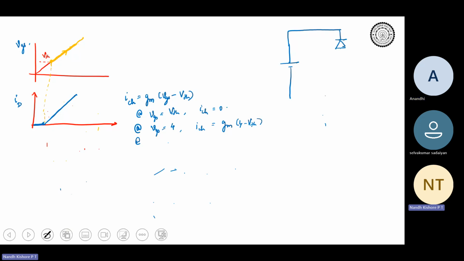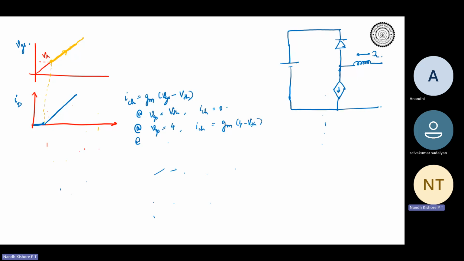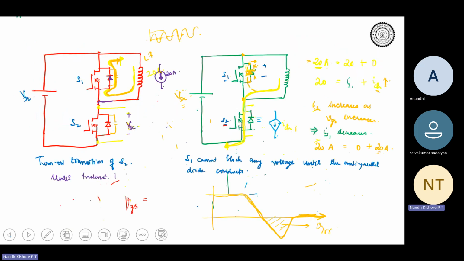I can draw something like this, correct? Antiparallel diode of S1 was conducting, and here the inductor current is coming in, which is a fixed value IL, right? And then over here you are having a current source. This is the circuit, right?